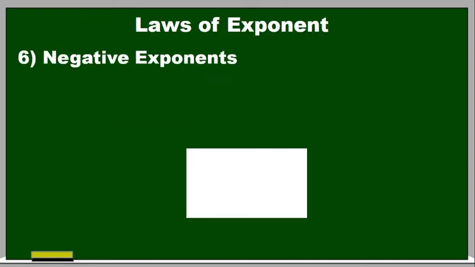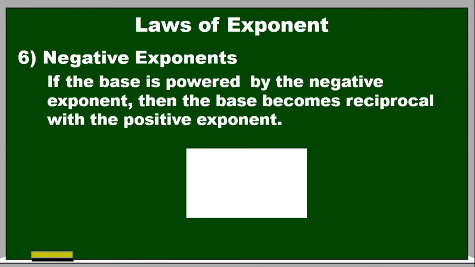Another, we have negative exponents. If the base is powered by a negative exponent, then the base becomes its reciprocal with the positive exponent. In symbol, we have x raised to negative m. Getting its reciprocal to make the exponent positive, we have 1 over x raised to the m power.